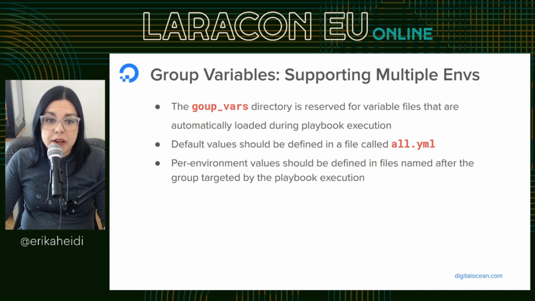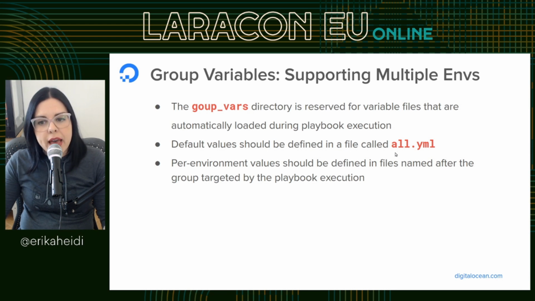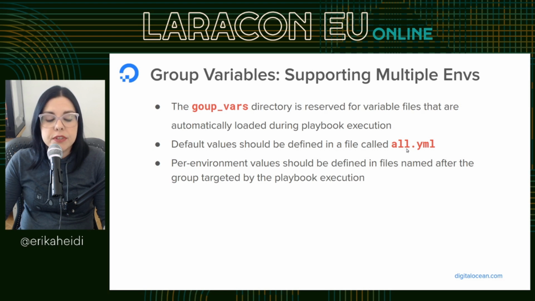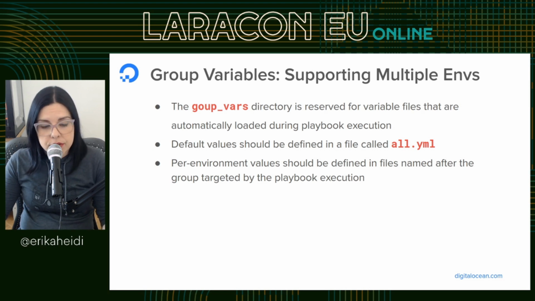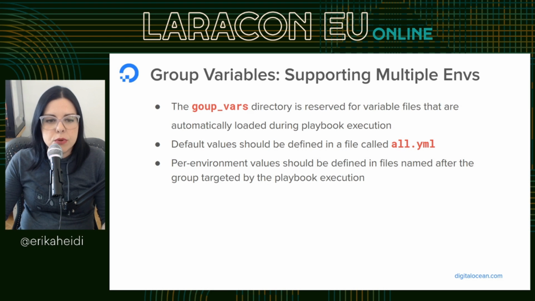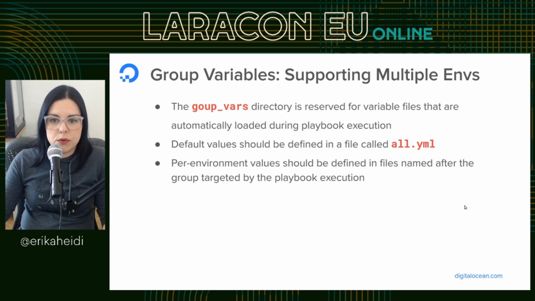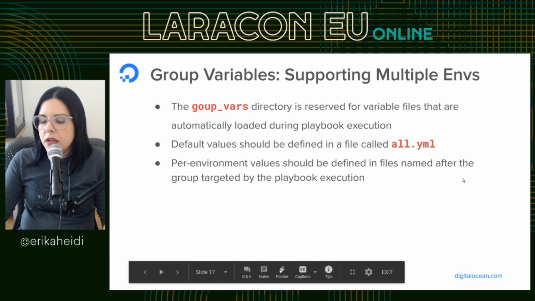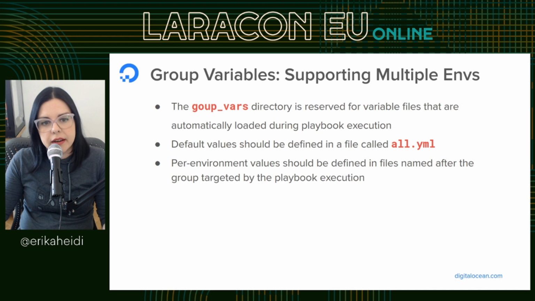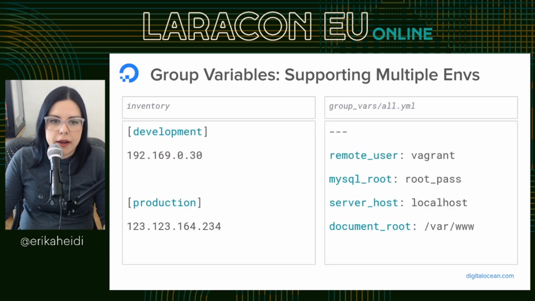So you can use group variables for that. So this is how it works. You have a directory called group_vars, and inside this directory, you will have a file called all.yml with the default values. So all the default values will go in this file, all the default variables and values. And the other variable files you will create there will override these default values, and these will be per environment.